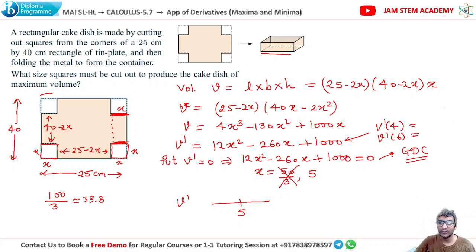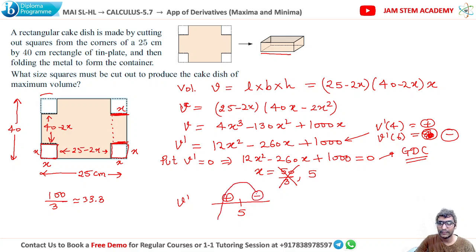Once you do this, you will find that it comes out as negative for v prime 4 and positive for v prime 6. It means the function is increasing for the values less than 5, and after 5 it starts to decrease.